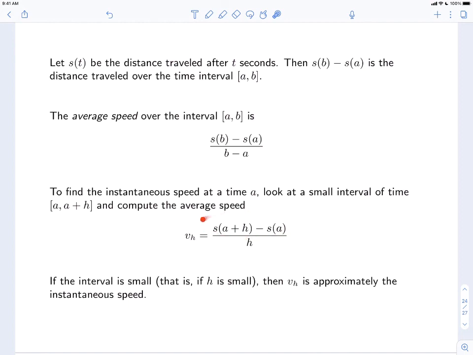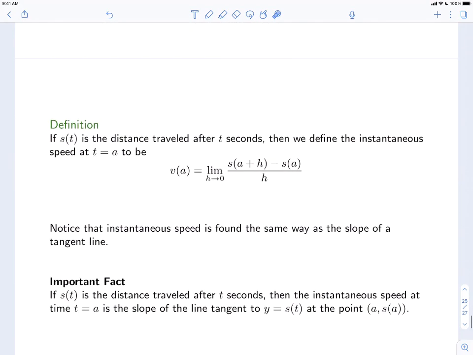This is the total distance traveled between time a and time a plus h, where again h is just some small number. So the numerator here is the distance traveled over a very small amount of time. The denominator is that small amount of time. The difference between these two time values, a plus h minus a, is just going to be h. So if the interval is small, that is, if h is really small, then v sub h is approximately the instantaneous speed.